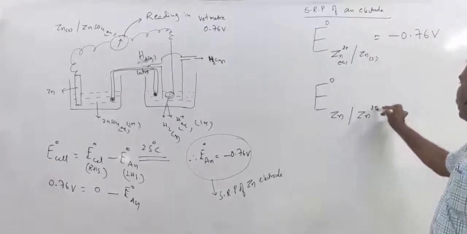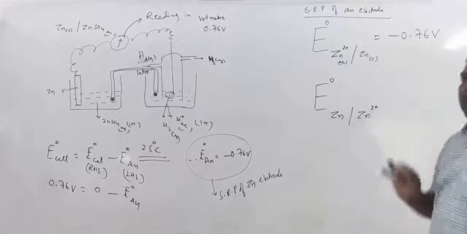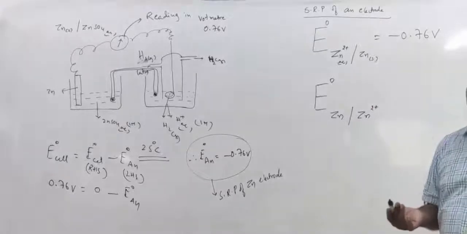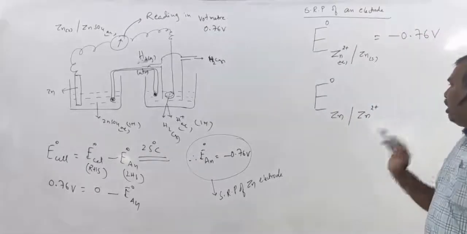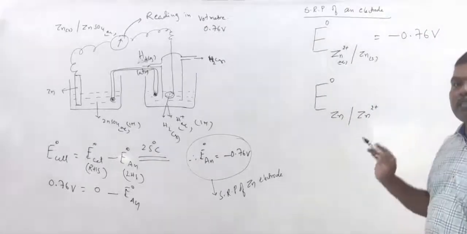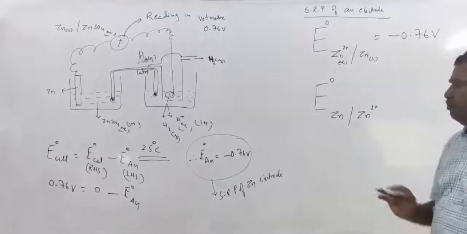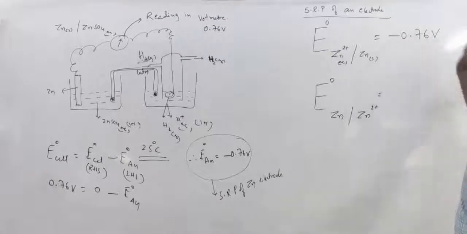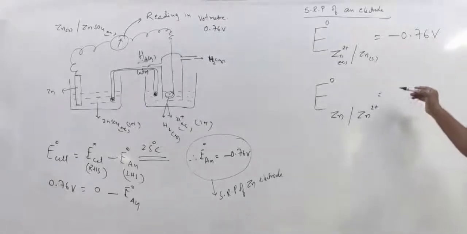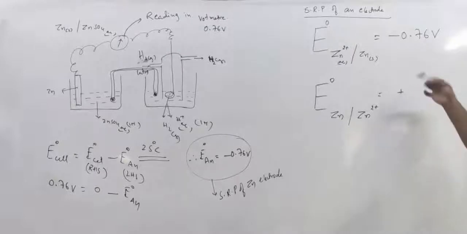Very, very important: 0 to 2 plus. What happened? Oxidation. Therefore, E naught Zn to Zn2 plus is the oxidation potential. If the reduction potential is minus 0.76 volts, then the oxidation potential will be opposite. Magnitude is same, opposite in sign.